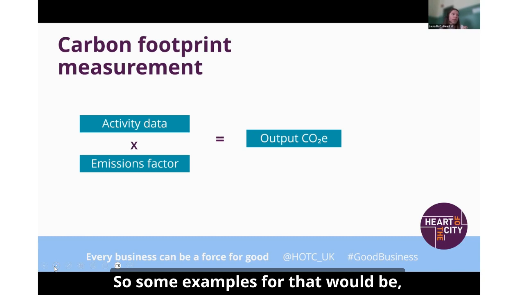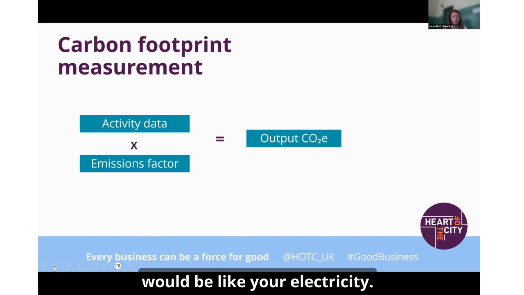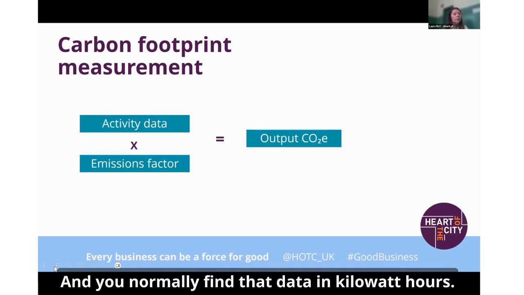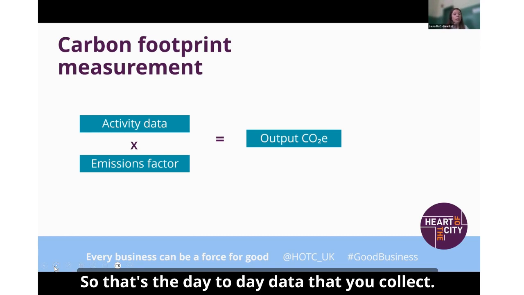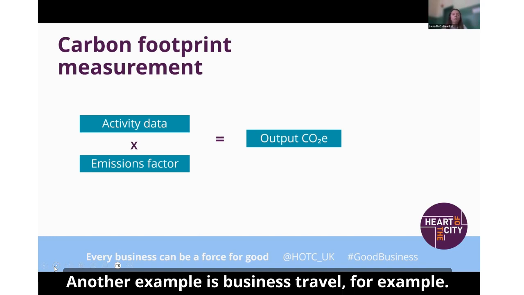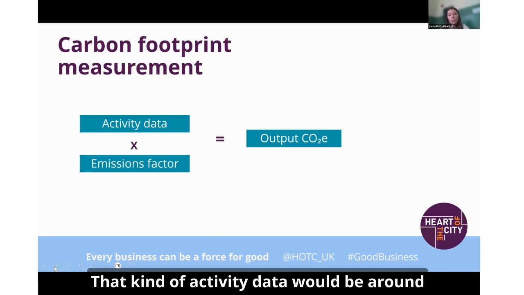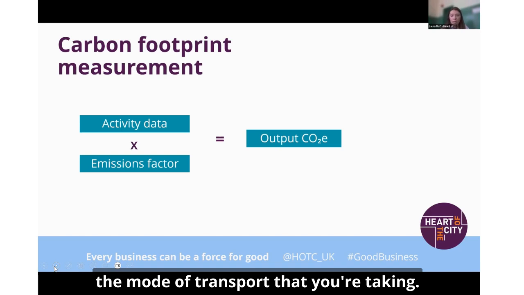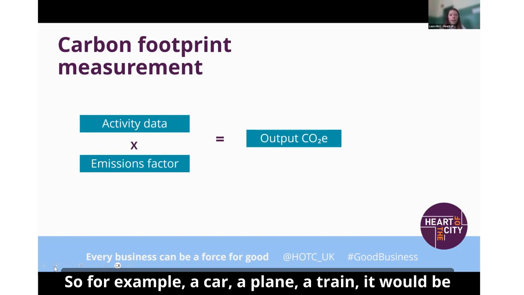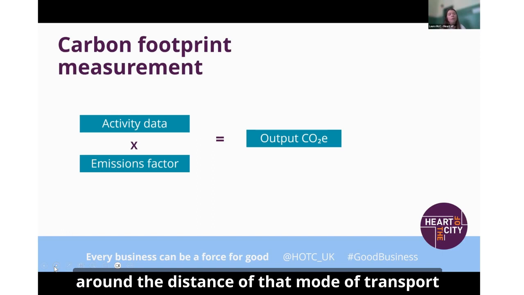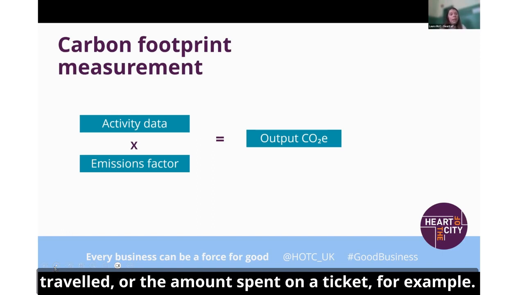Some examples would be, which I presume most people have, your electricity. That would be the amount of electricity you use as your business, and you normally find that data in kilowatt hours. That's the day-to-day data that you collect. Another example is business travel. That kind of activity data would be around the mode of transport you're taking, for example a car, a plane, a train. It would be around the distance traveled, or the amount spent on a ticket, for example.